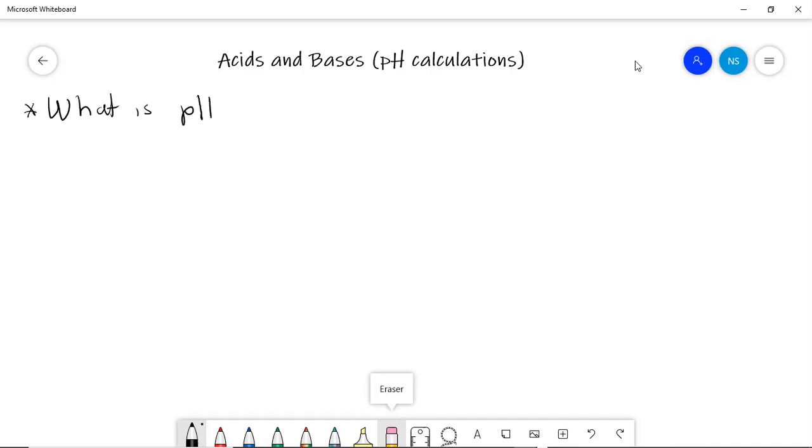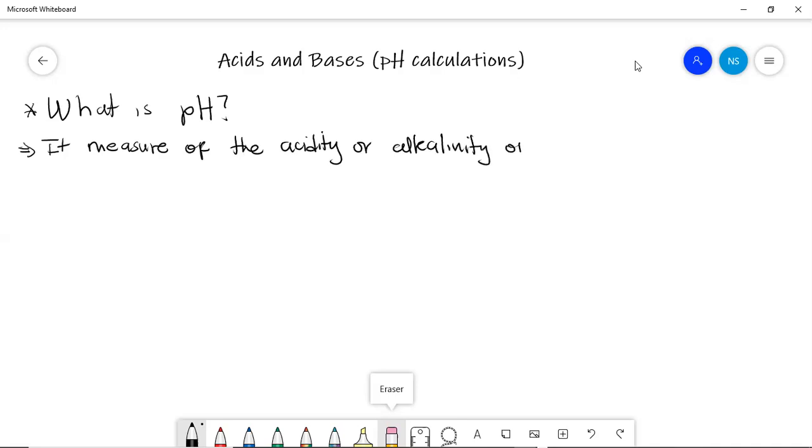By definition, pH is the measure of the acidity or alkalinity of a solution. So that's a basic definition of pH, right?